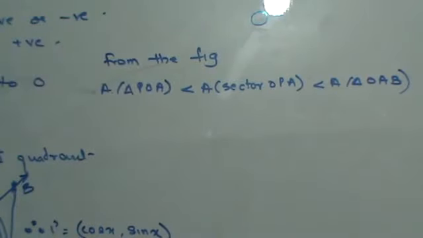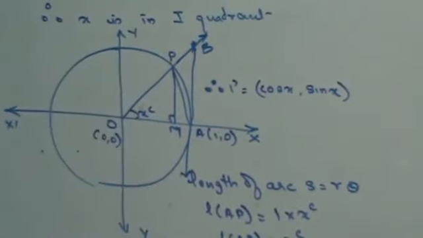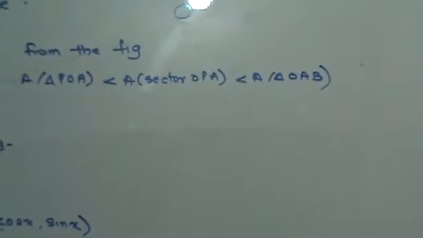From the figure it's very clear that the area of this triangle is the smallest, then you have the area of the sector, and then you have the area of the larger triangle. We have already found out all the three.